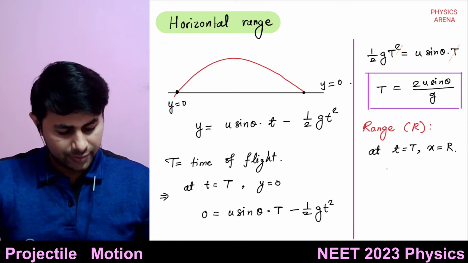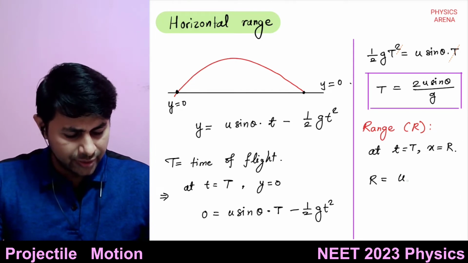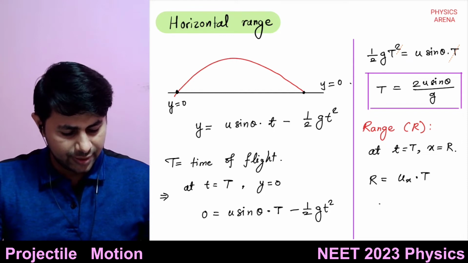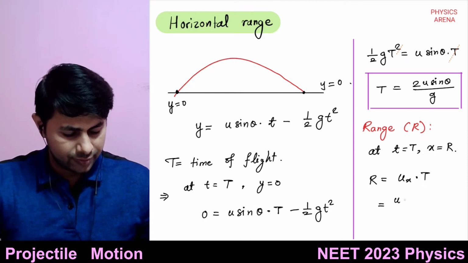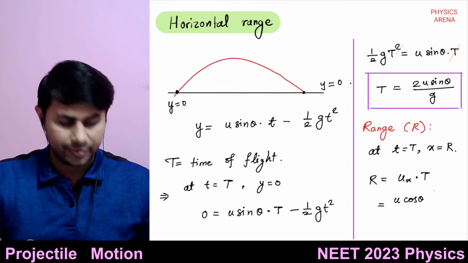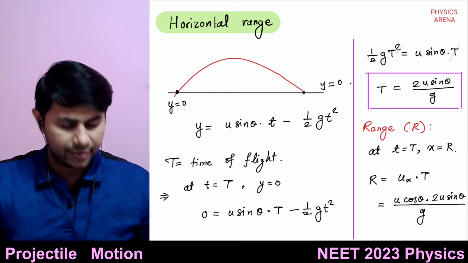Okay, so R is equal to u_x multiplied by capital T. What is u_x? It is u cos theta multiplied by capital T, which is 2u sine theta divided by g.